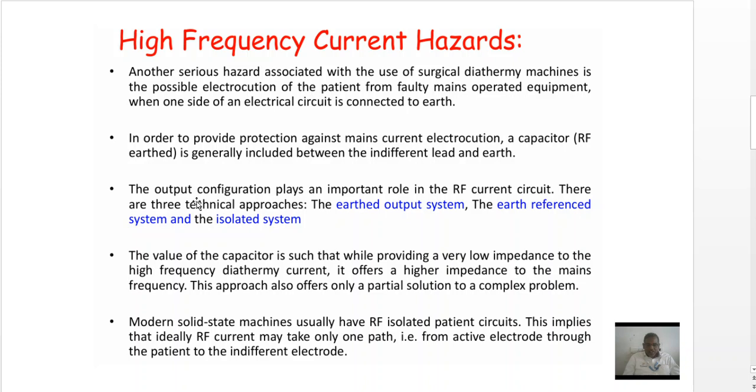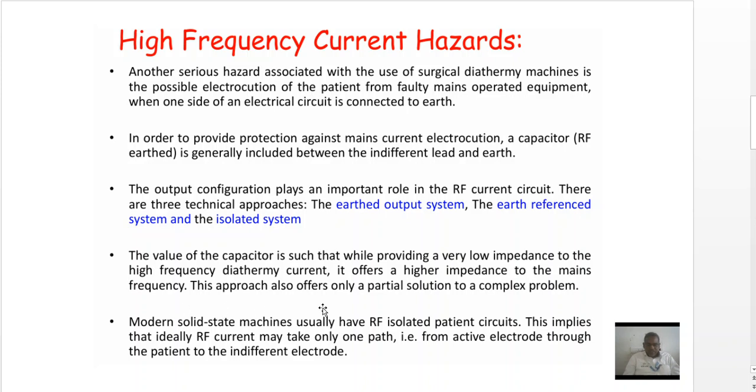The output configuration plays an important role in the radio frequency current circuit. There are three technical approaches: the earthed output system, the earth referenced system, and the isolated system. The value of the capacitor is such that while providing a very low impedance to the high frequency diathermic current, it offers a higher impedance to the mains frequency.